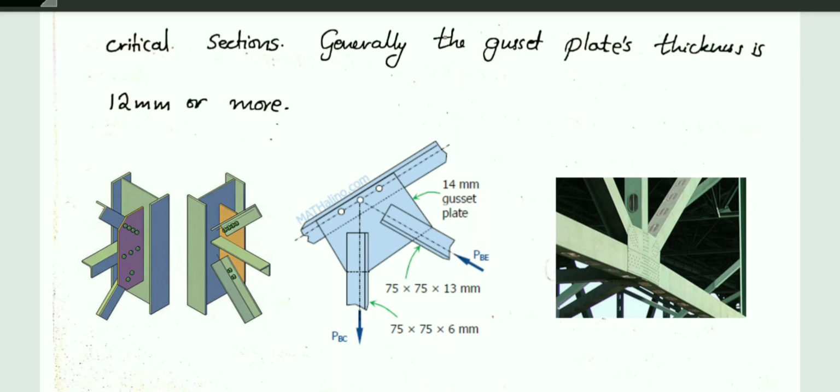Directly member to member connection will not be there. If this is a beam and this is a member of the roof truss, this member will not connect directly to this one. It will connect through a member called a gusset plate.